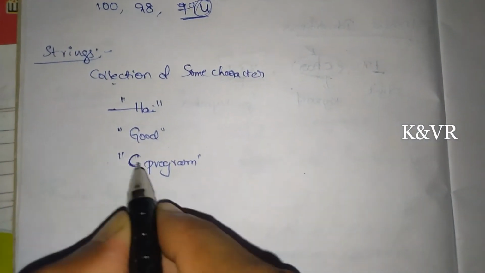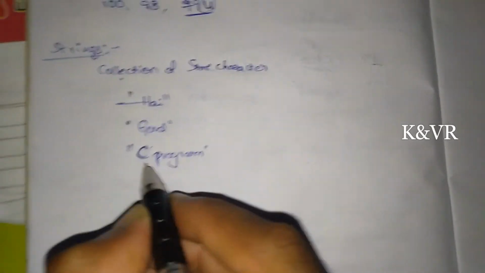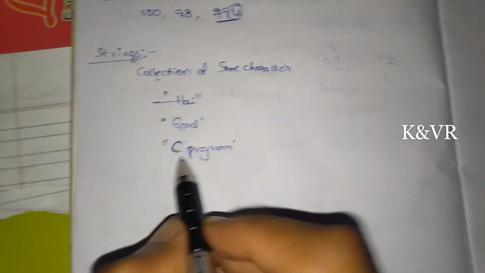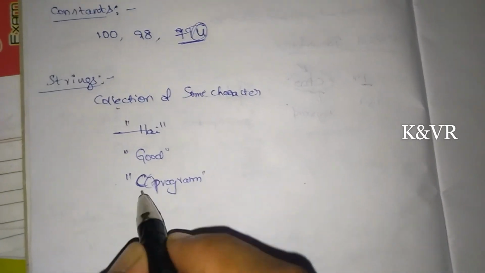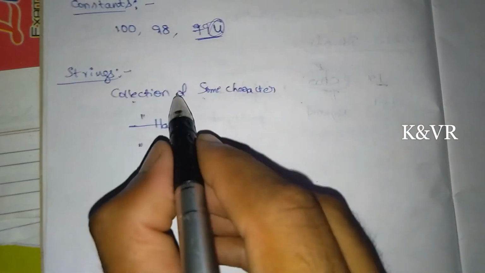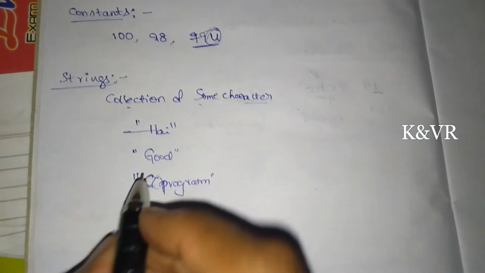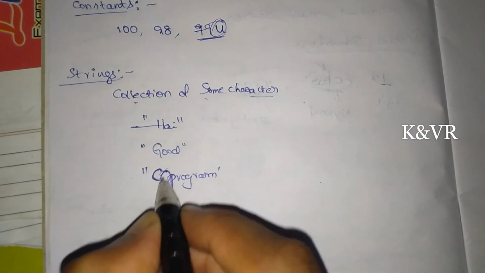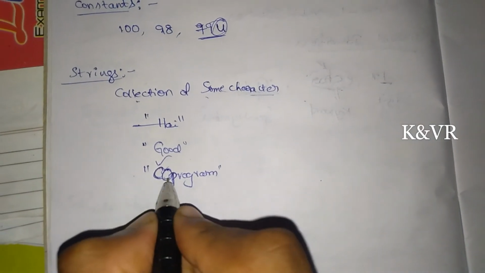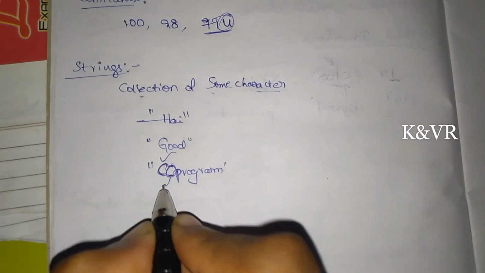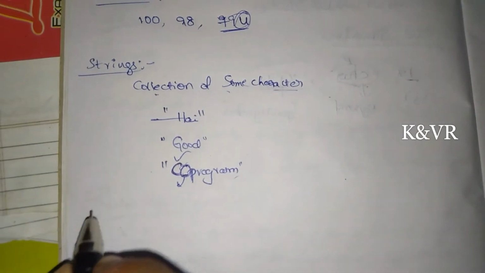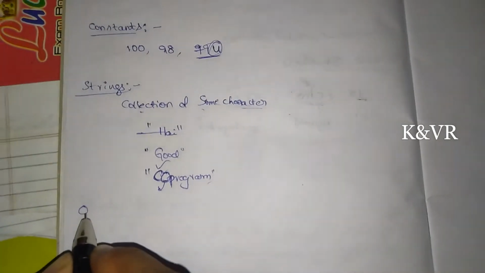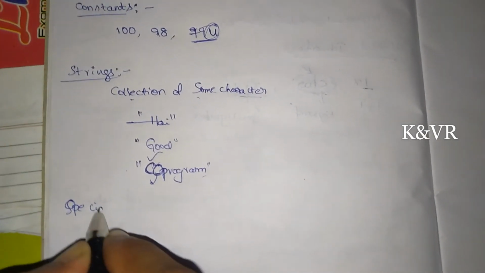You may have a doubt that special symbols are not allowed in identifiers. An identifier is different and a string is different. A string contains characters. C is a character. Here, space is also a character. That is why it is a string. And the next one is special symbols.